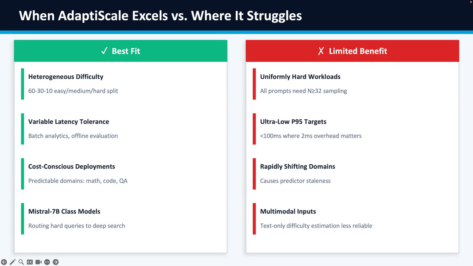Two other limitations are worth flagging: rapidly shifting domains cost performance, as accuracy can drop 6% zero-shot on new tasks like medical or legal. Multimodal input reduces reliability since we estimate difficulty from text features alone. In all those cases, a static best of n baseline or a larger model may be more appropriate.